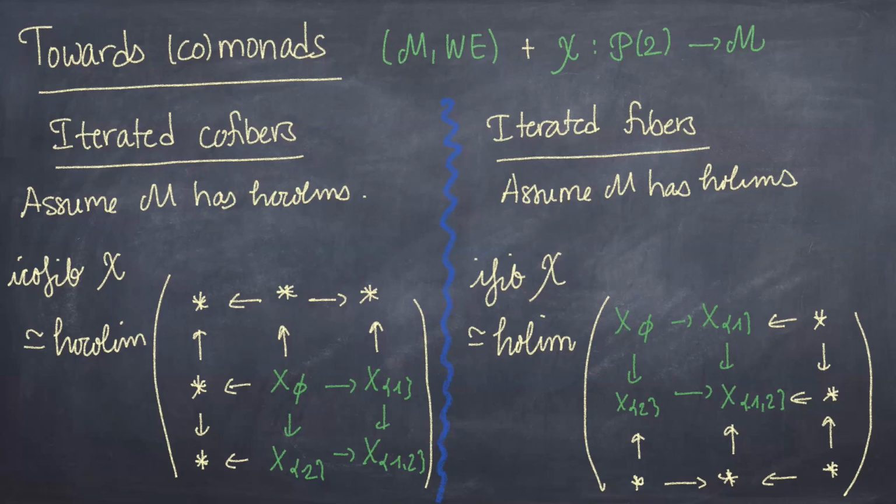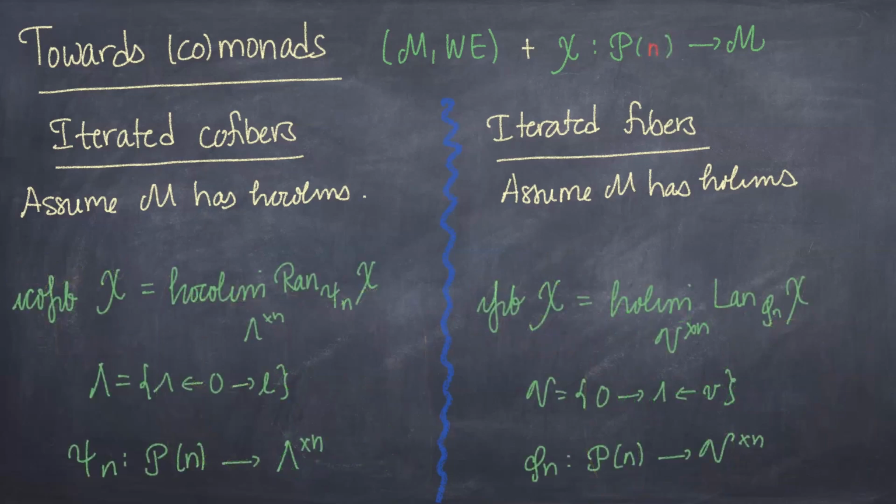And that gives you another way of computing the iterated fiber or the iterated cofiber like this. And this gives you an idea of how one can generalize this construction of iterated fiber, iterated cofiber to n greater than 2. The idea is that if we have an n cube, we're going to embed it in something bigger, of which we'll just take either a homotopy limit or a homotopy colimit. So how do we do that?